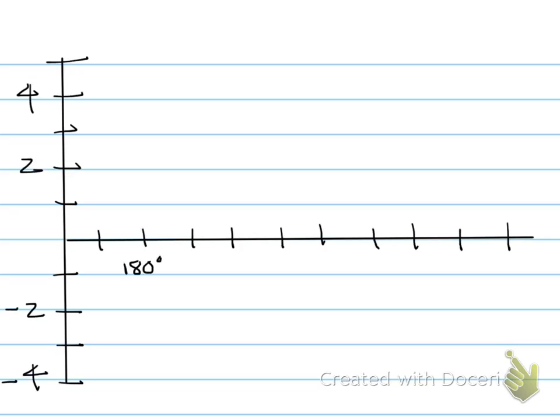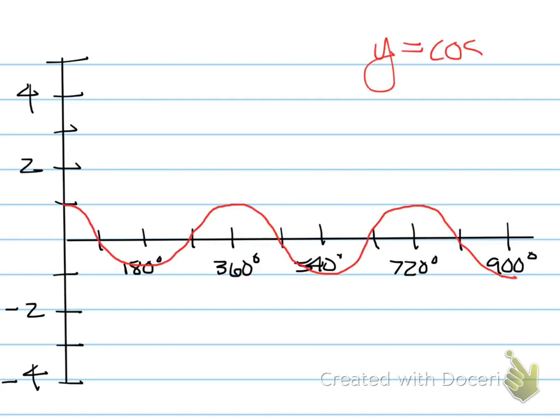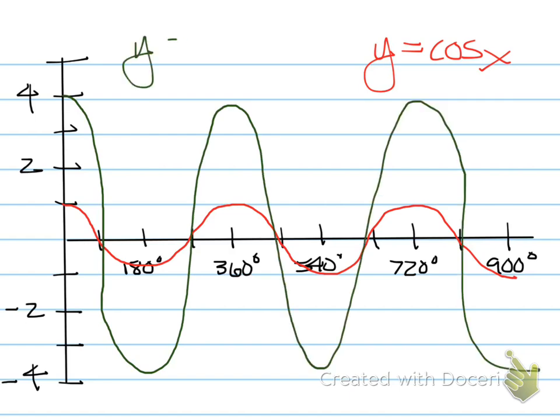If we were to graph that function, notice that the x-axis is in degrees, not radians for this problem. This is what the basic cosine, the parent cosine curve looks like. And then if we were to multiply that by 4, we have an amplitude of 4.